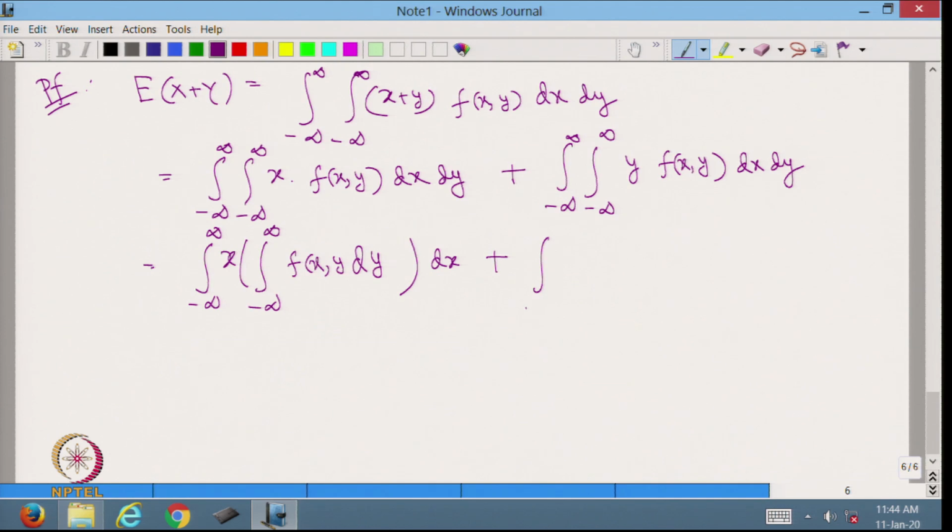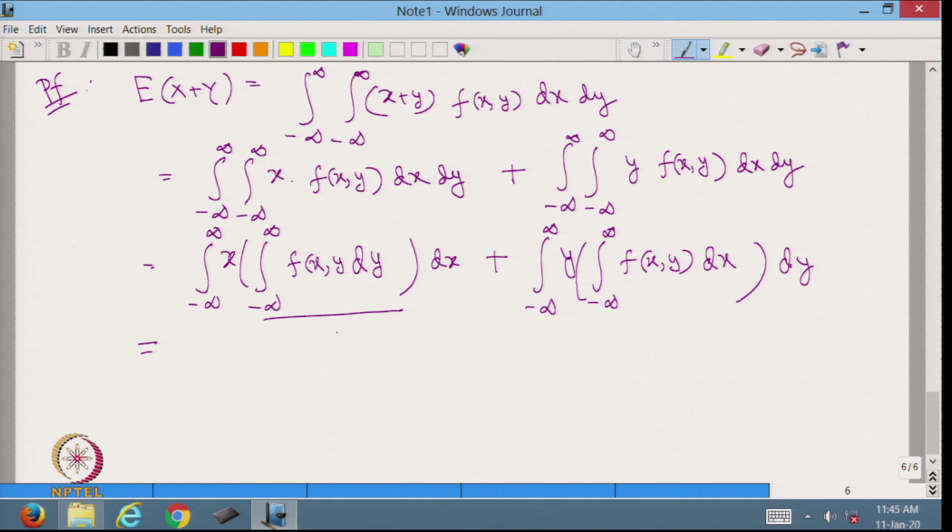Plus, in a very similar way, we take out y and then we integrate with respect to y.